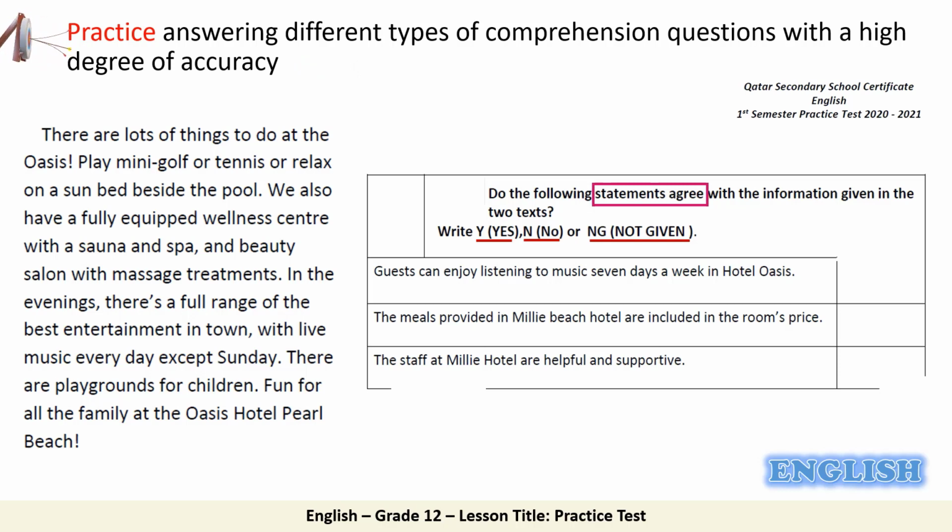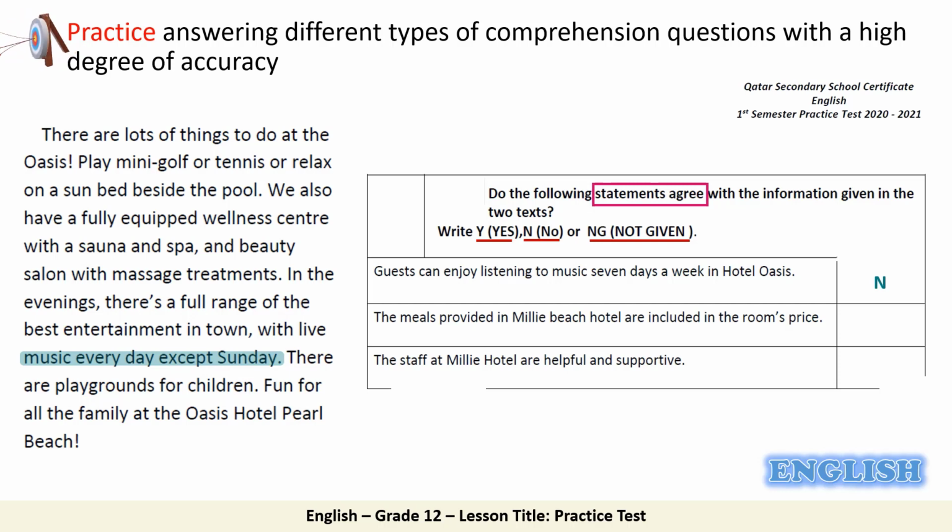Excellent. Let's correct. Now, what have you answered for the first statement? Exactly. The first statement we should write no, because it doesn't agree with the information in the text.